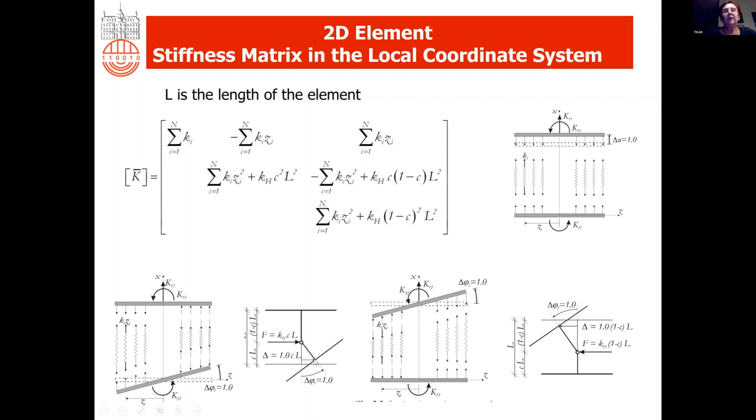Based on this displacement, we can calculate the force, multiplying it by the shear stiffness, and then this force produces some moment also around this node, and this is the value represented here.